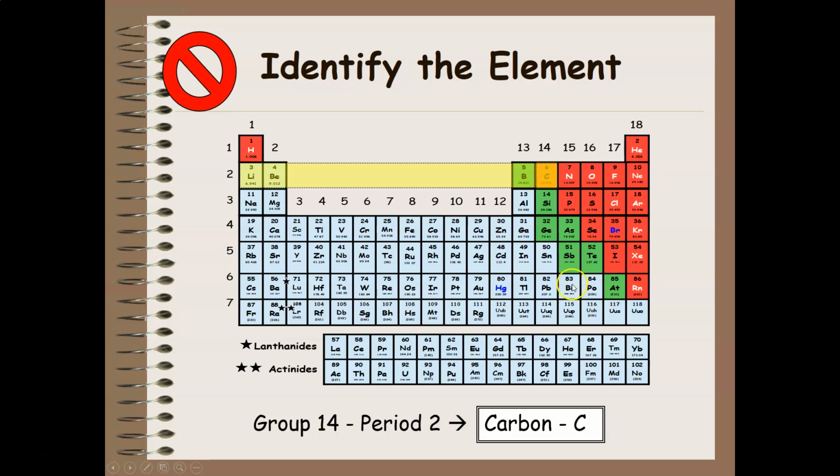It does get a little bit tricky because sometimes we may use the A and B notation, and sometimes we may just go 1 to 18. But if I told you group 3, period 2, this wouldn't make sense, would it? There's no element here. I must have meant group 3A. So it'll usually be pretty obvious if they're talking about the A and B notation or the 1 to 18 notation.